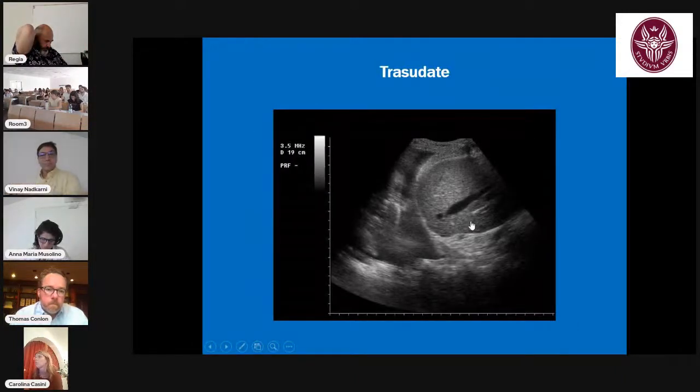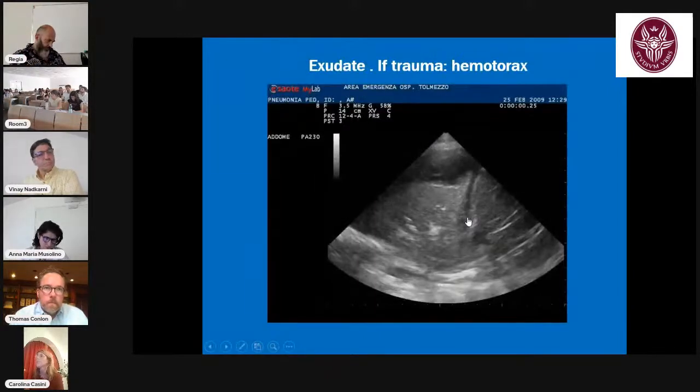We can also distinguish between transudate and exudate. If there is a trauma, the exudate is to be referred to hemothorax, and this is very important, because if the child arrives to the emergency room with a pleural effusion with this consistency, we can imagine that there is a hemothorax, and this is important for the prognosis.